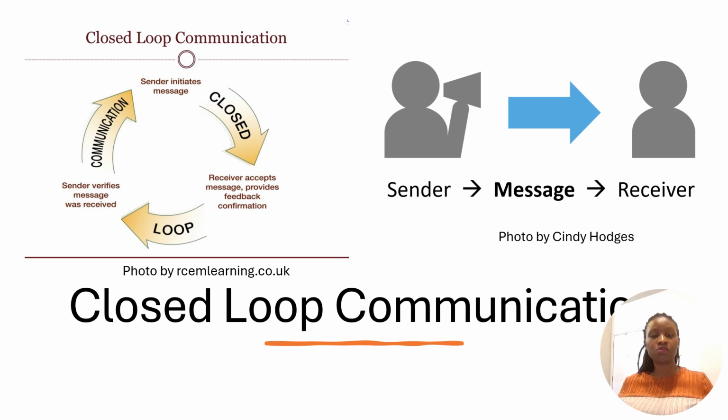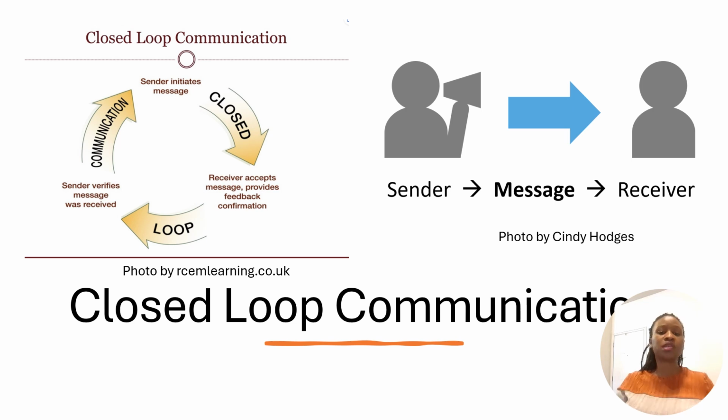So within communication, just diving right in to what it looks like. On the right, I have a picture of a sender initiating a message and the receiver receiving that message. Here it seems simple, but believe me, there's a lot of breakdown that happens in that process.